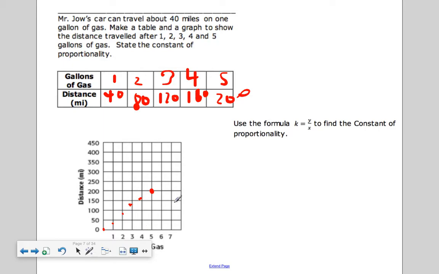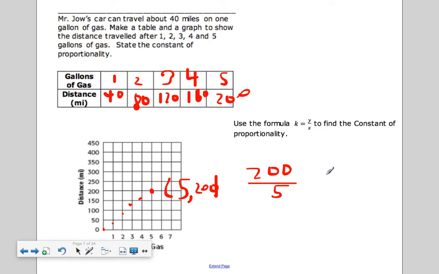So what is our constant of proportionality? If I look at this one, this ordered pair is represented by 5, 200. I can pick any ordered pair from this. So using the formula k equals y over x, what is y? 200. What is x? 5.